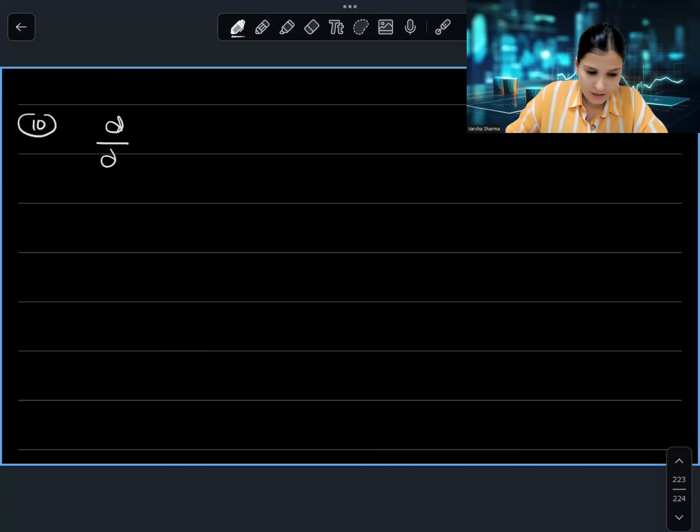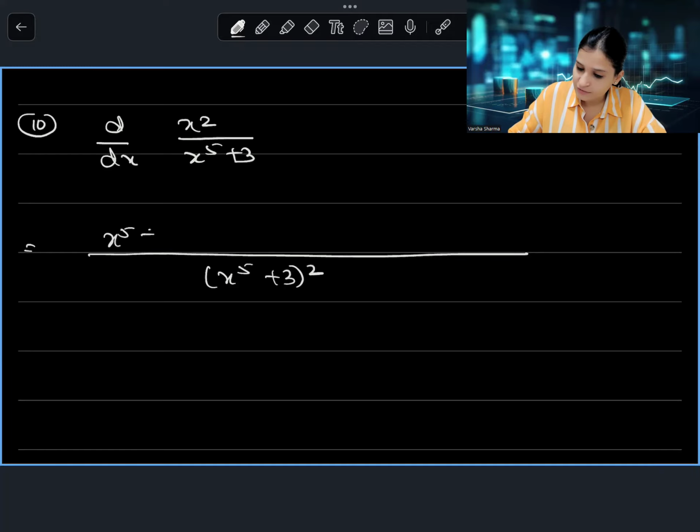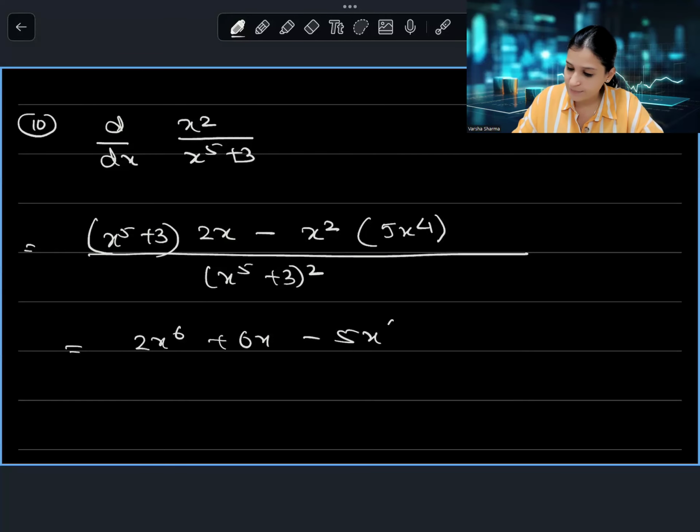10. Differentiation of x square upon x power 5 plus 3. Proper quotient rule. So denominator square. Leave the denominator, differentiation of numerator. Minus leave the numerator, differentiation of denominator. Multiply. 2x power 6, 6x minus 5x power 6.